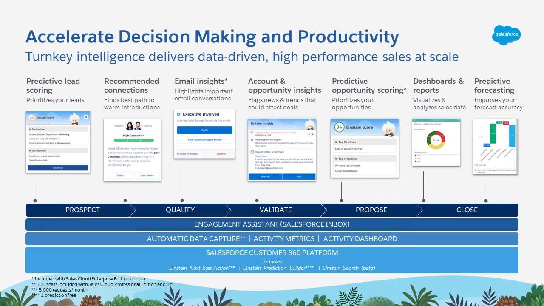And that's not to mention all the other productivity enhancements that are available across the entire sales process with inbox, automatic data capture tools, and activity reporting capabilities. Sales Cloud Einstein is a turnkey intelligence solution that accelerates decision making and productivity at every stage of the sales cycle, from prospect to close, for salespeople at all levels. Let's take a look at a few key features and what we're delivering in Winter 21.